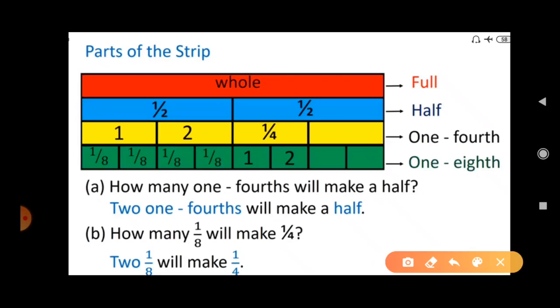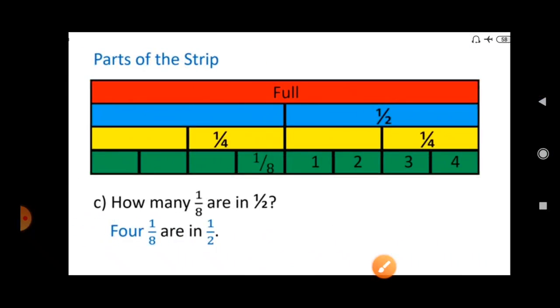Here we can see that 2 1 upon 8 will make 1 upon 4. This 2 part, that is of 1 upon 8, is equal to 1 upon 4.